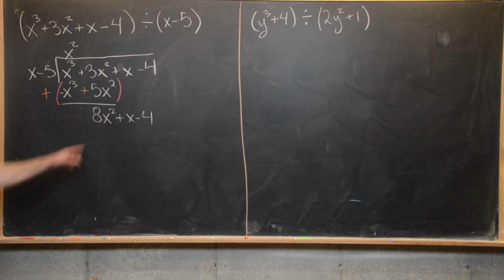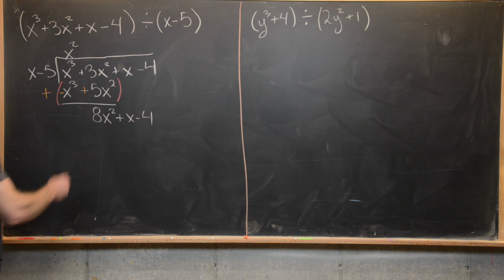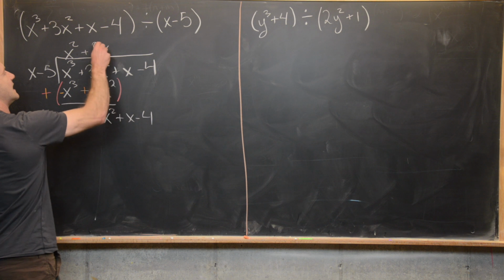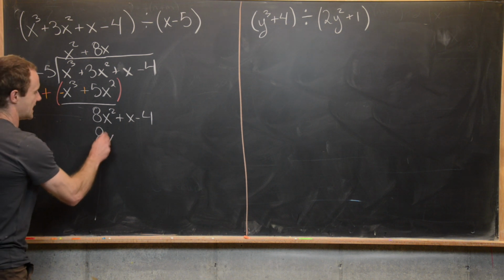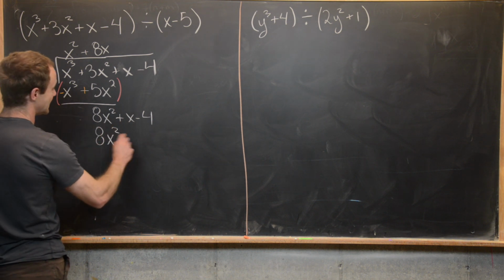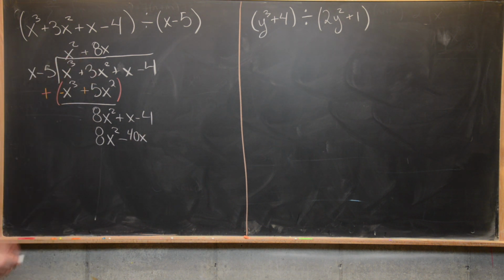So we repeat the process with 8x squared plus x minus 4. What do we need to multiply by x to get this 8x squared? It'll be plus 8x. Now distribute this 8x through to both of these terms. That'll give us 8x squared minus 40x. Good, because 8 times 5 is 40.